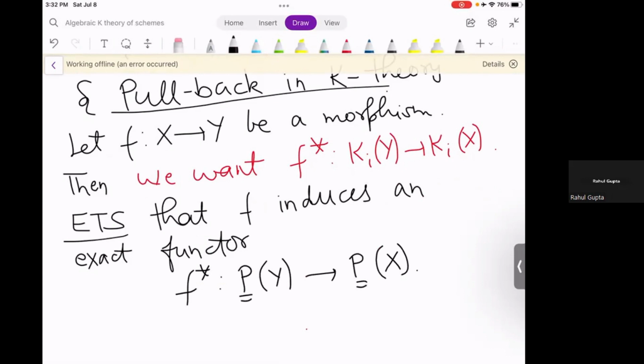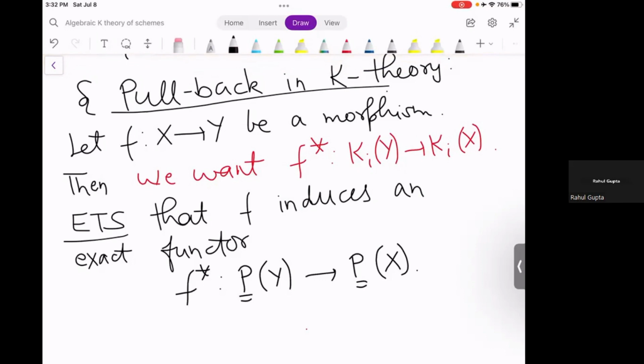So how many of you agree with me that it is enough to show this statement? Have you seen this kind of statement in your talks on K theory of exact categories? What happens in exact categories?